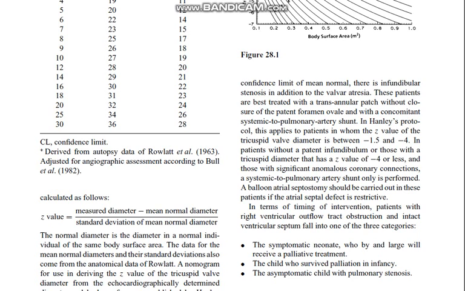In Hanley's protocol, this applies to patients in whom the Z value of the tricuspid valve diameter is between minus 1.5 and minus 4. In patients without a patent infundibulum, those with a tricuspid diameter that has a Z value of minus 4 or less, and those with significant anomalous coronary connections, a systemic to pulmonary artery shunt only is performed. A balloon atrial septostomy should be carried out in these patients if the atrial septal defect is restrictive.